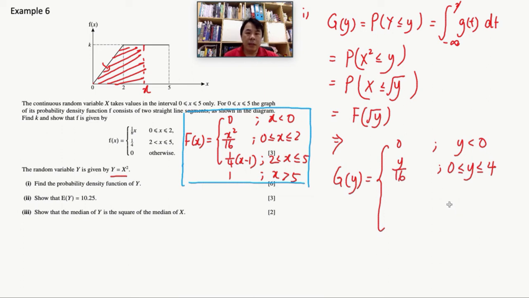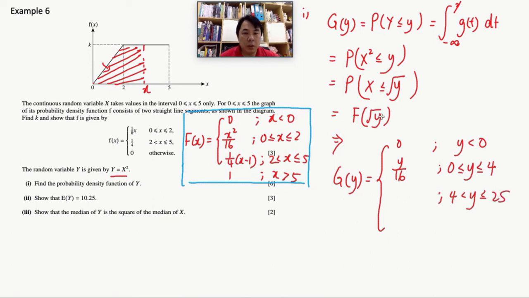Next, for the next interval, we have y greater than 4. It's not greater than or equal to, it's just greater than. Right, so greater than 4, less than or equal to 25.